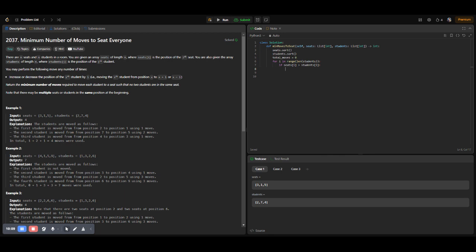If seats i, here seats 0 is 1 and student 0 is 2. So if 1 is greater than... here 1 is less than 2, where is the greater? We don't have it here.